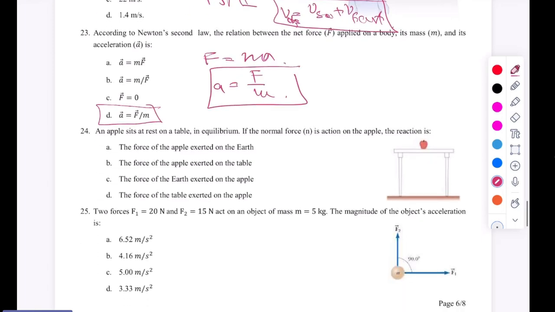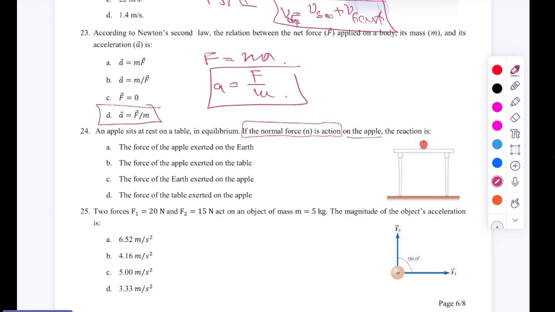So now this. An apple sits at rest on the table in equilibrium. If the normal force is the action on the apple, the reaction is... So here we apply Newton's third law. Every action has an equal and opposite reaction.